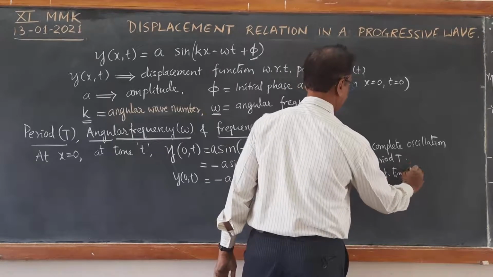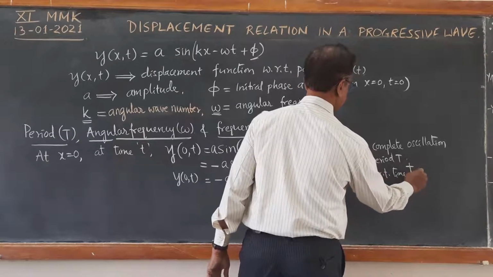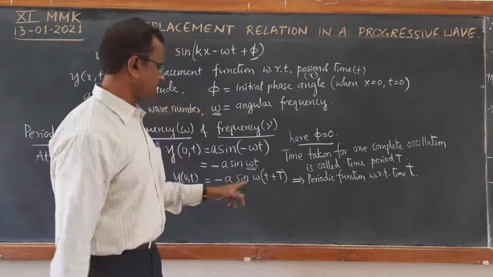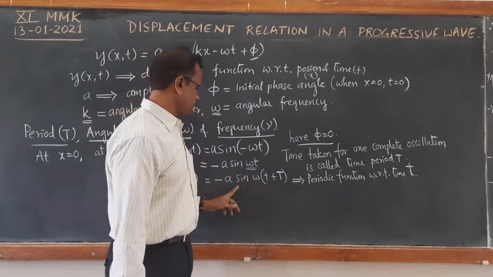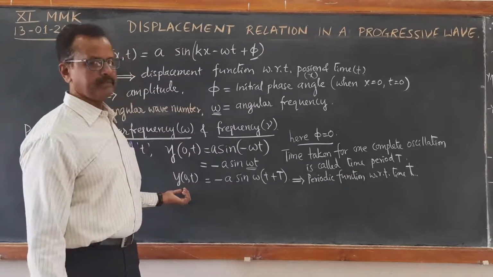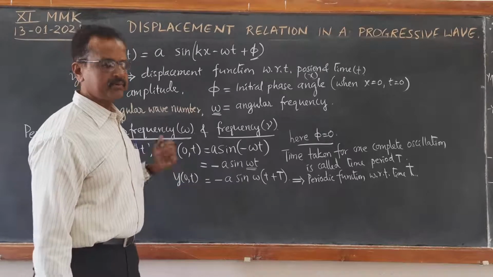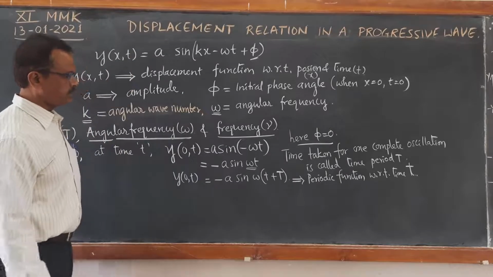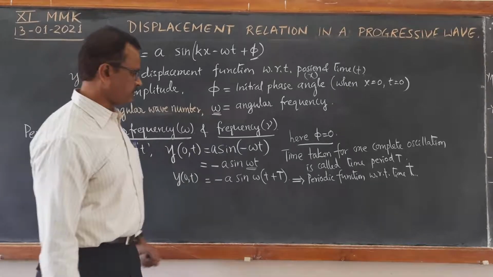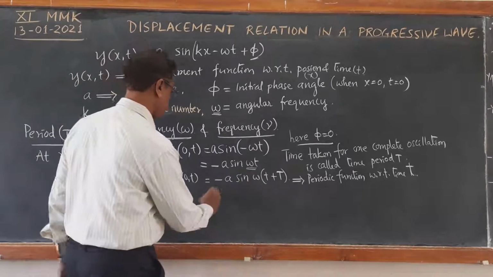This is a periodic function with respect to time t. It means exactly after time period T, it will have the same state of vibration, the same value of displacement. Now what is the value of this T then? The value of this T can be found out.